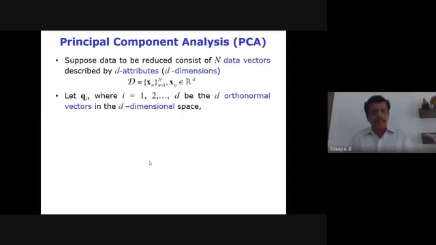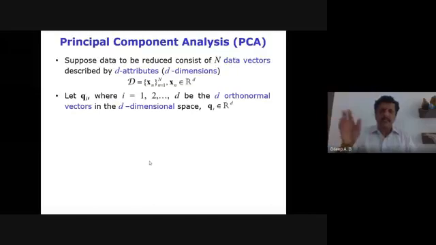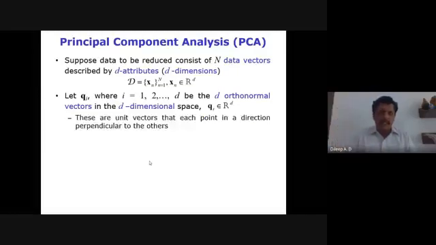These vectors are orthonormal to each other. By definition, in any d-dimensional space there are d vectors that are orthonormal to each other, and these are usually the unit vectors in the direction of the data.